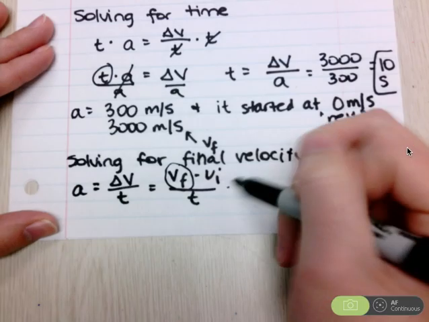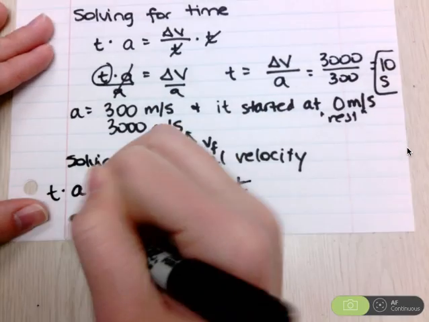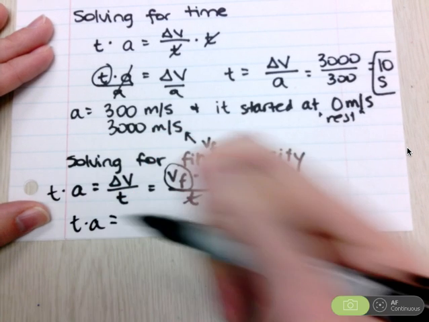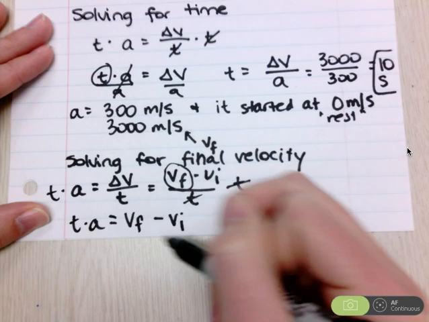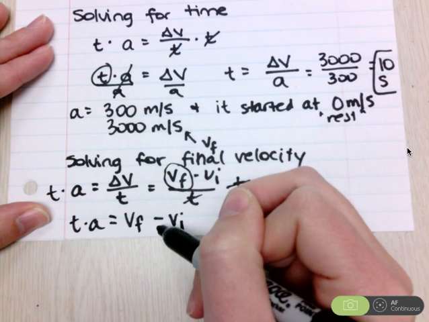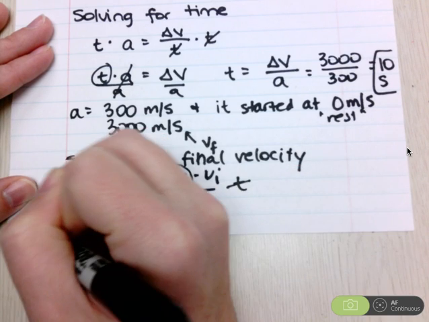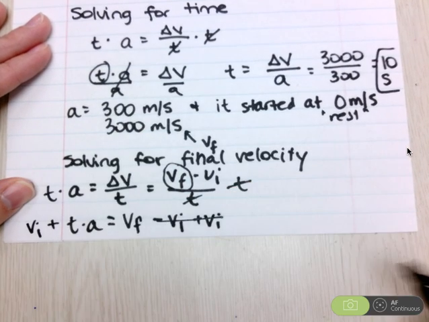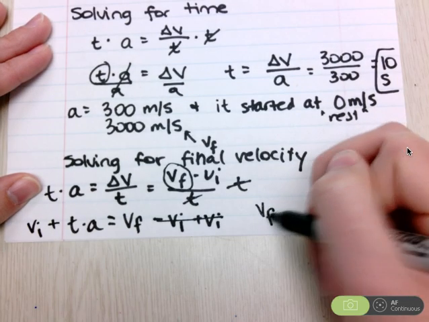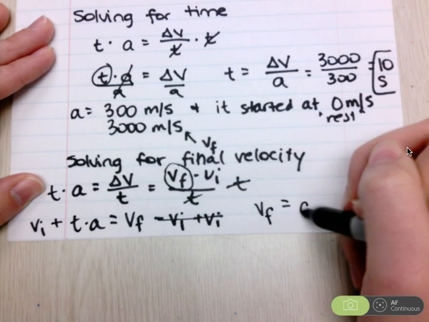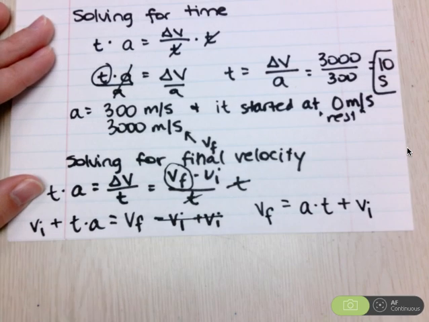Okay, so I have to multiply by time on both sides. That gives me T times A equals VF minus VI. To get rid of VI, it's being subtracted. The opposite of subtraction is to add VI on both sides. So my formula for final velocity is final velocity equals acceleration times time plus initial velocity.